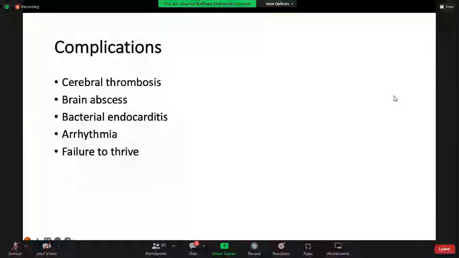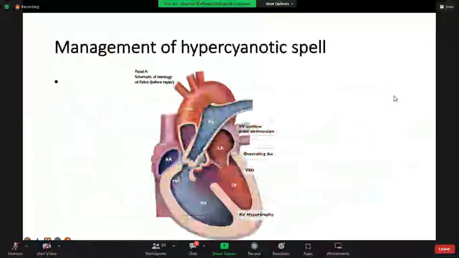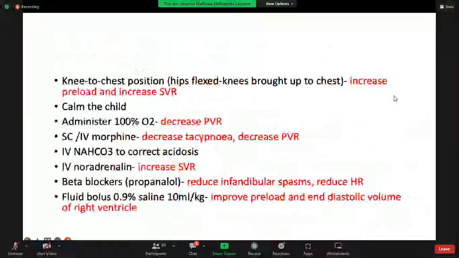So now this child comes with a hypercyanotic spell. So apart from the acute management, what else you should be doing on the long-term management? What else you have to do? So what is the definitive treatment for tetralogy of Fallot?